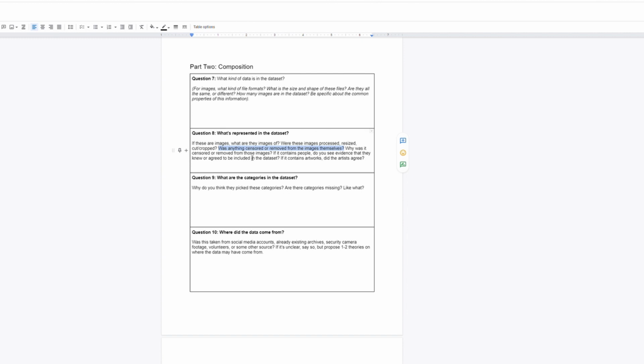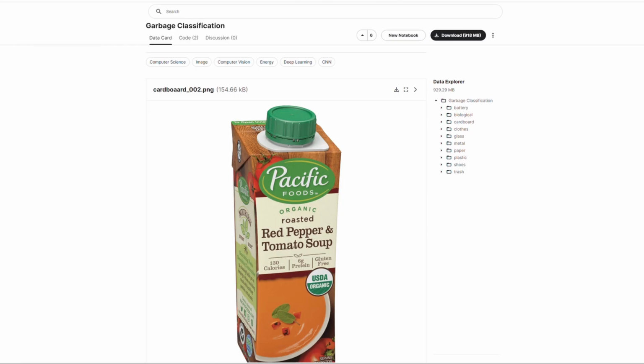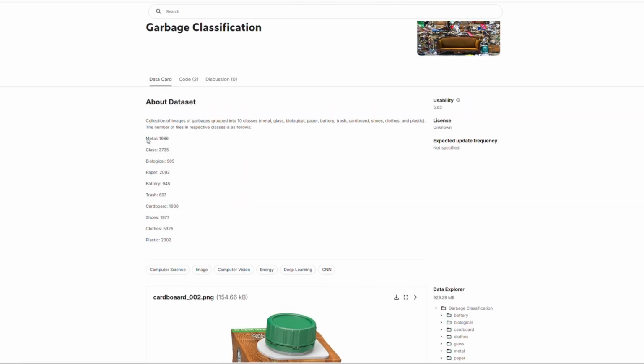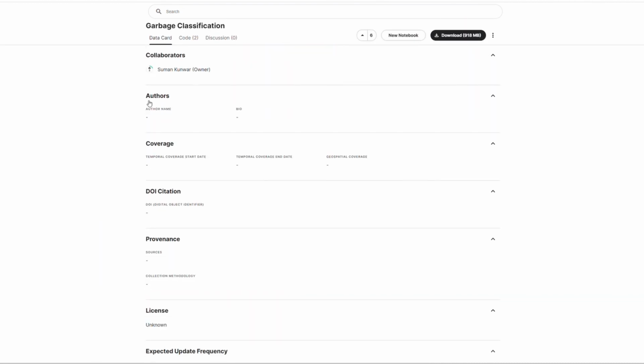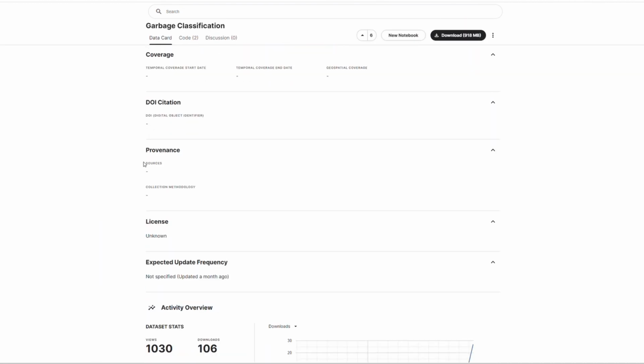If there's contemporary art in these data sets, who gave permission? Was any permission given? Is it indicated anywhere? That might be up here, in the about section of the data set. It might be down here, in things like provenance, which would be a good place because provenance is going to tell you what the source was. And here you see it should contain the collection method, but it happens to be blank on this data set.